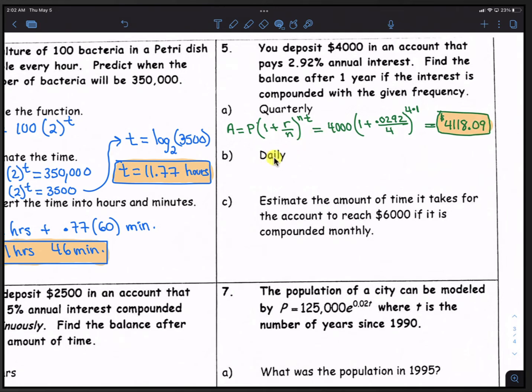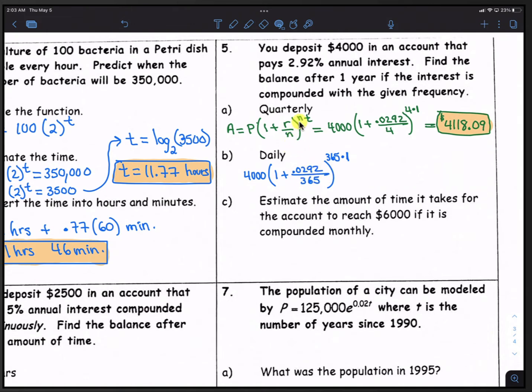Now, what if it was daily? Well, we use the exact same equation, but the only thing that changes is the n. Because if you're compounding daily, that means you're compounding 365 days in a year. So n becomes 365. Let's plug in everything. The P value is still the 4,000. Your interest rate is still 0.0292 when you convert it to a decimal.